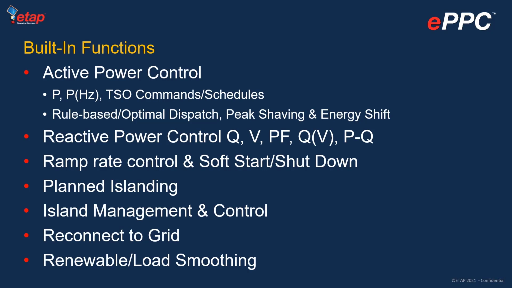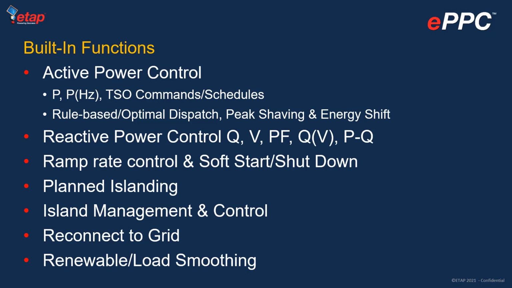Reactive power control functions allow QV, power factor, and QV control at the point of interconnection. Ramp rate control is applicable to both active and reactive power controls. Soft start can be applied to a plant collector. Plant islanding allows a seamless islanding of the plant by preparing plant resources as well as controlling the POI, the point of interconnection, active and reactive power.